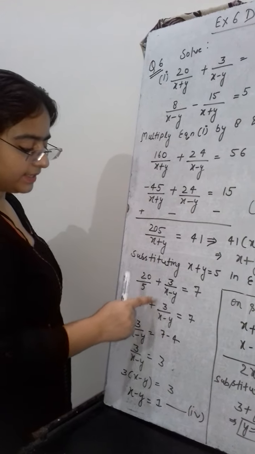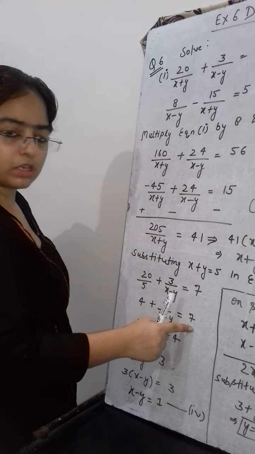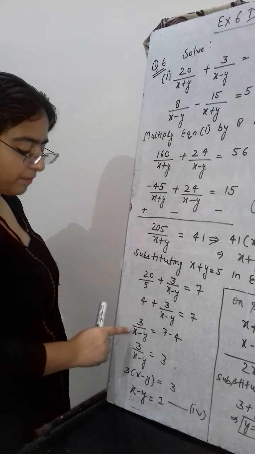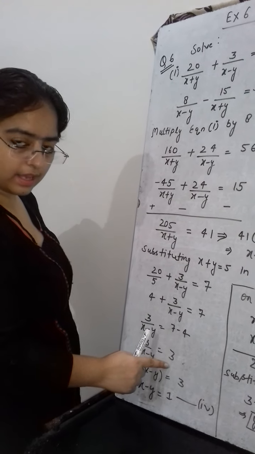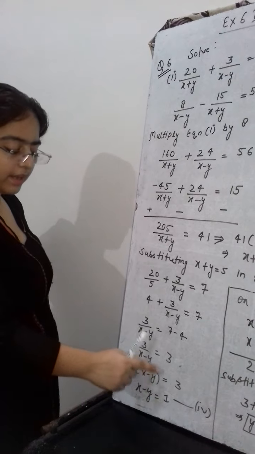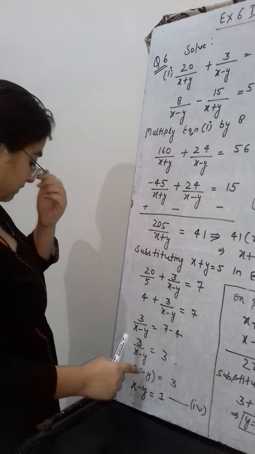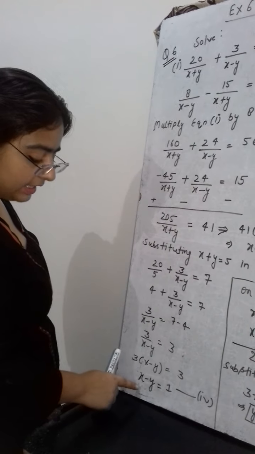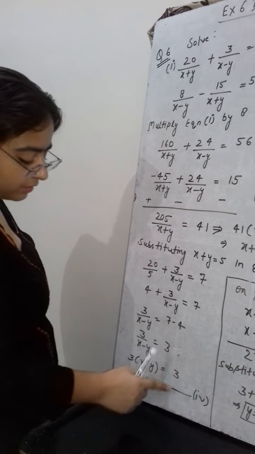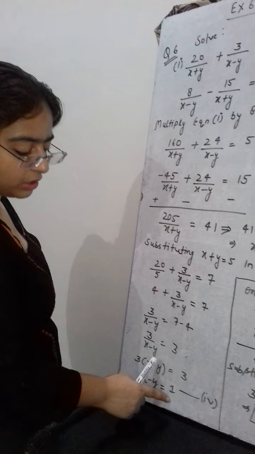So 4 plus 3 upon x minus y equal to 7. Then 3 upon x minus y equal to 7 minus 4. We will get 3 here. On cross multiplying again we get 3 equals 3 times x minus y. And then 3 and 3 will be cancelled. So it will become x minus y equal to 1.